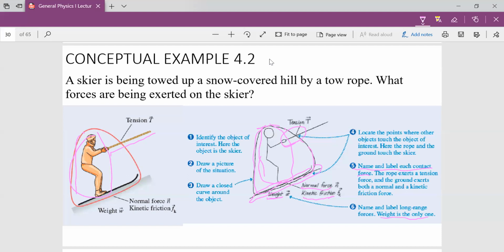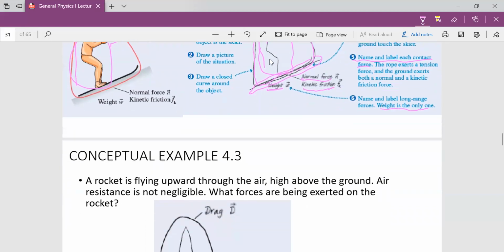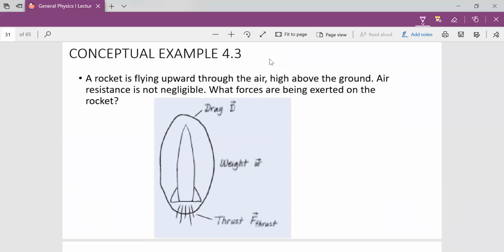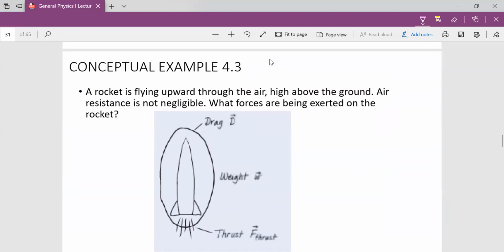We have several examples, and in the assignment that I'll be giving you on Friday, you will describe some conceptual ways to identify several forces acting on objects, following this basic step. So we'll have example 3 to buttress the point on identifying forces.